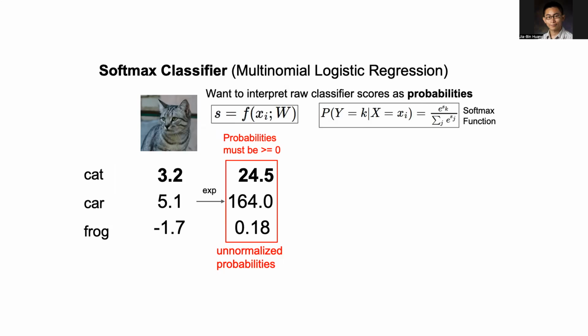You have 3 classes. Yes. It has to add up to 1. Yes, exactly. So how do I make these 3 numbers add up to 1? What's the operation I need to do?